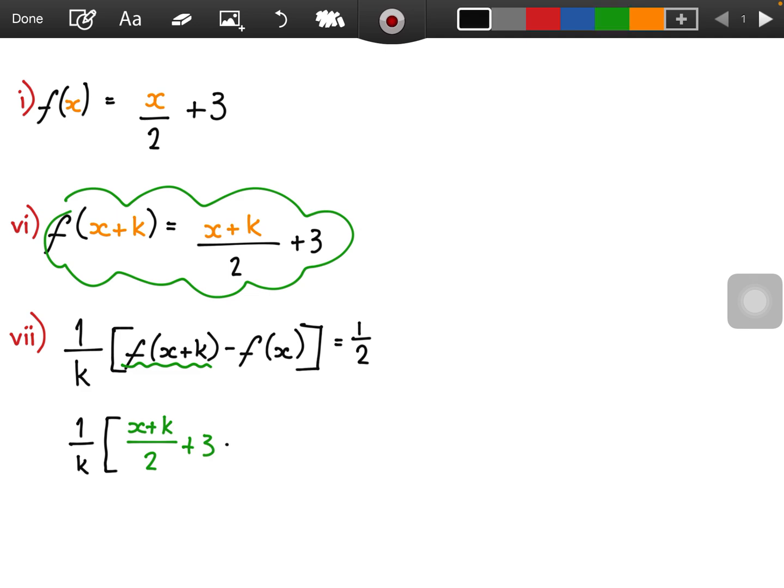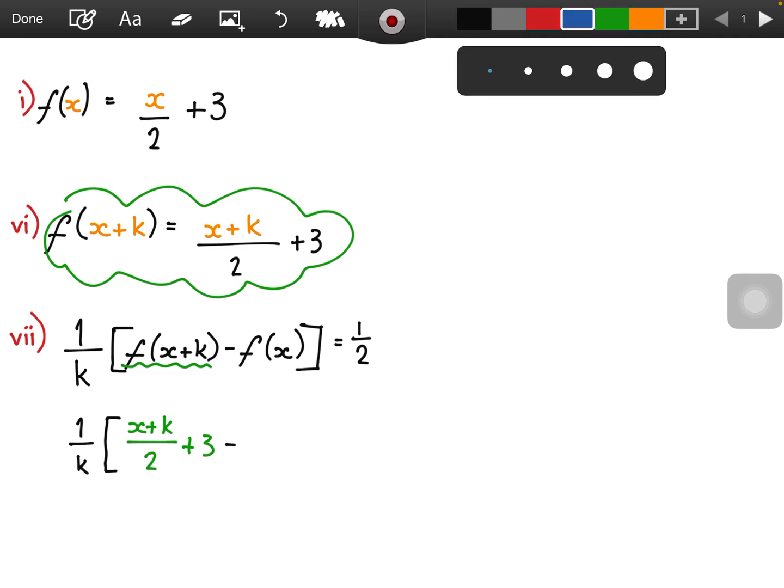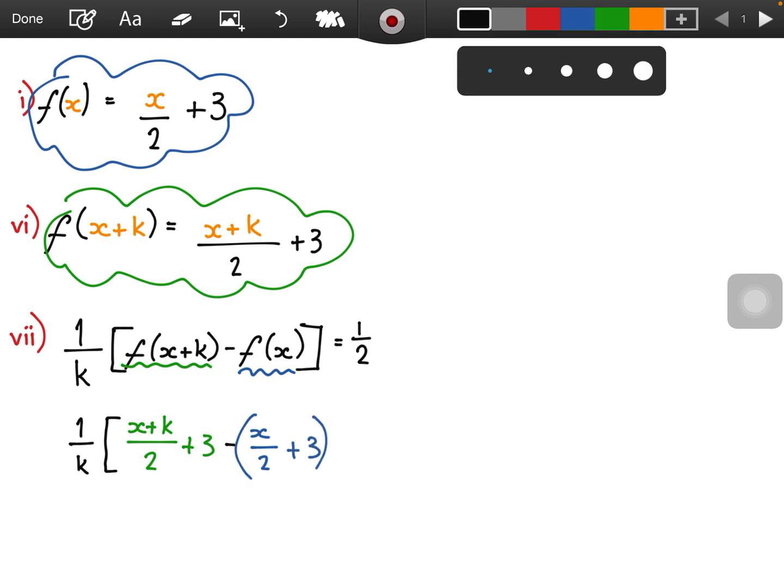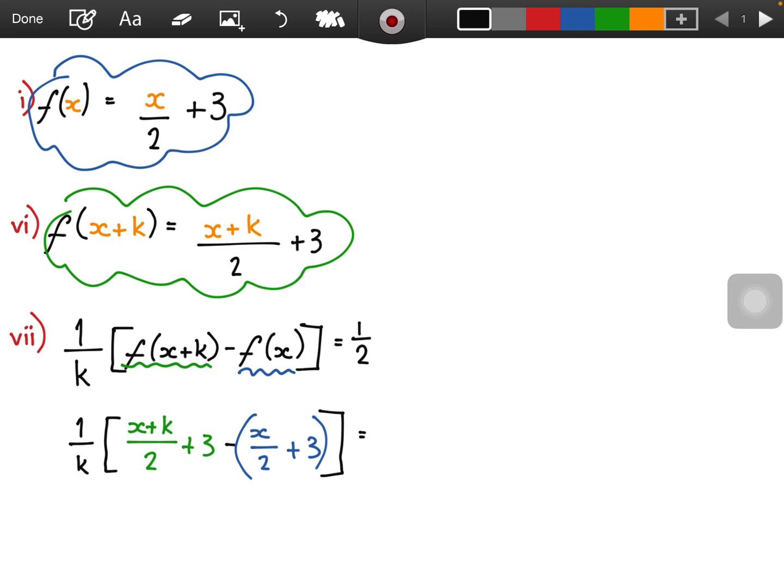Pause this and try it yourself if you think you could do it. I'm literally just switching this stuff out, and then after that it's algebra. So just switch it out with the functions that we know they're equal to. So that's x over 2 plus 3 is what's being subtracted. And they want us to show that that is equal to a half.